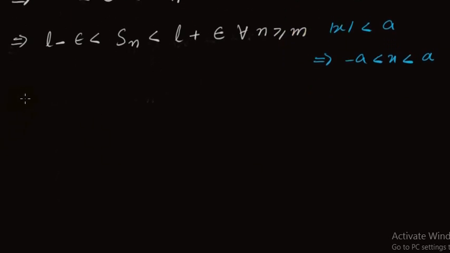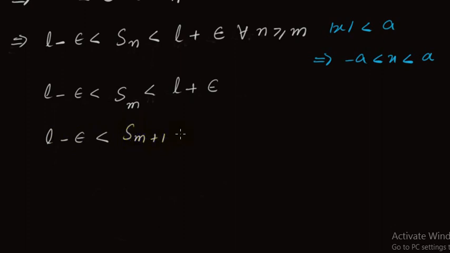Now from this relation we can write L minus epsilon is less than Sm less than L plus epsilon, as this relation holds for all values n greater than or equal to m. So this relation holds for m. Similarly, L minus epsilon is less than Sm plus 1 less than L plus epsilon.